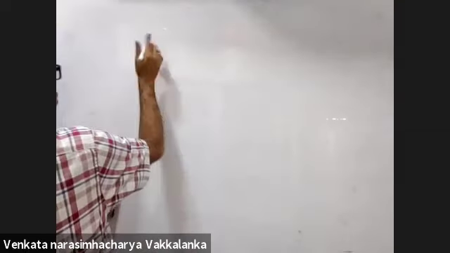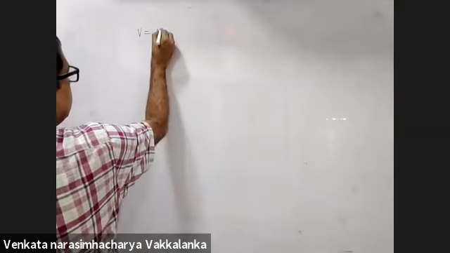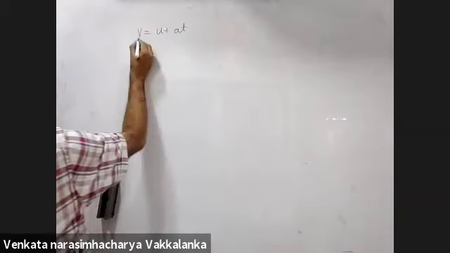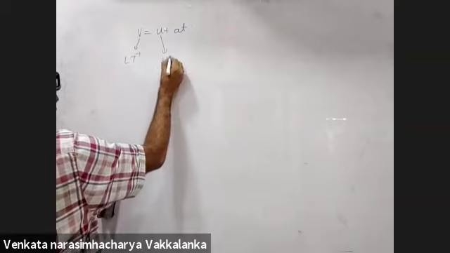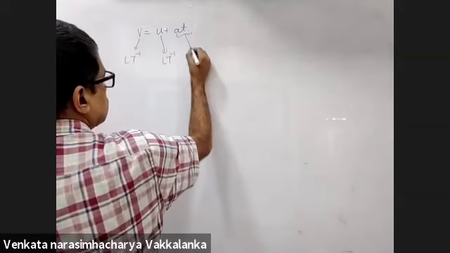Sir, M L A to the power minus 2 T to the power minus 2. I actually don't have that with me. Whatever you get is the answer. No, listen. How do you verify dimensionally V is equal to U plus AT? What is V? L T to the power minus 1. L T to the power minus 1.